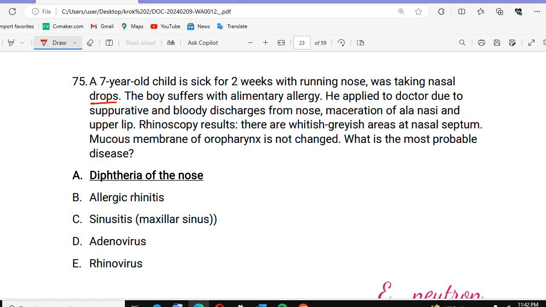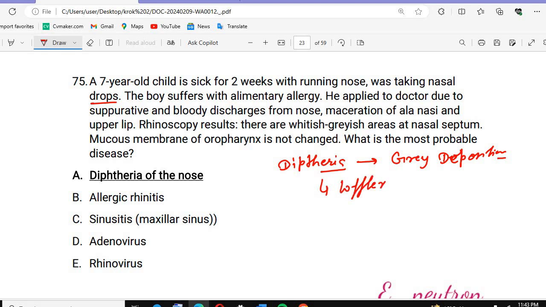Did we study about diphtheria? See, in case of diphtheria, we are seeing gray depositions. We are using Loeffler's media.